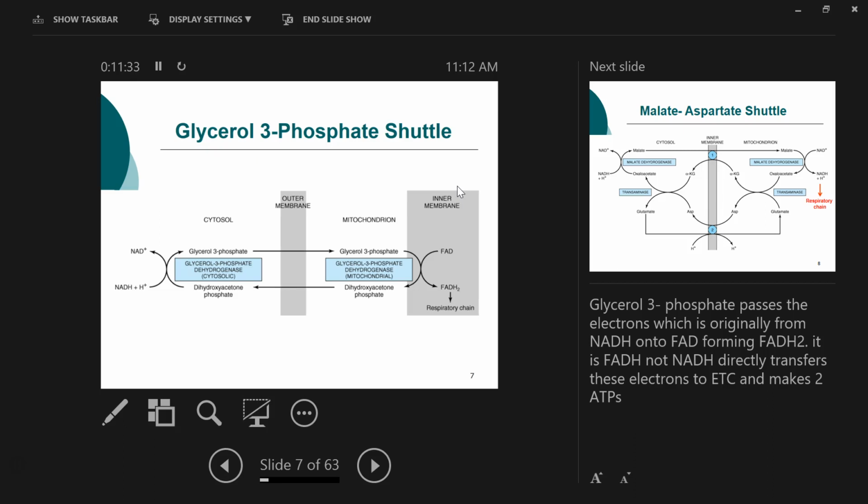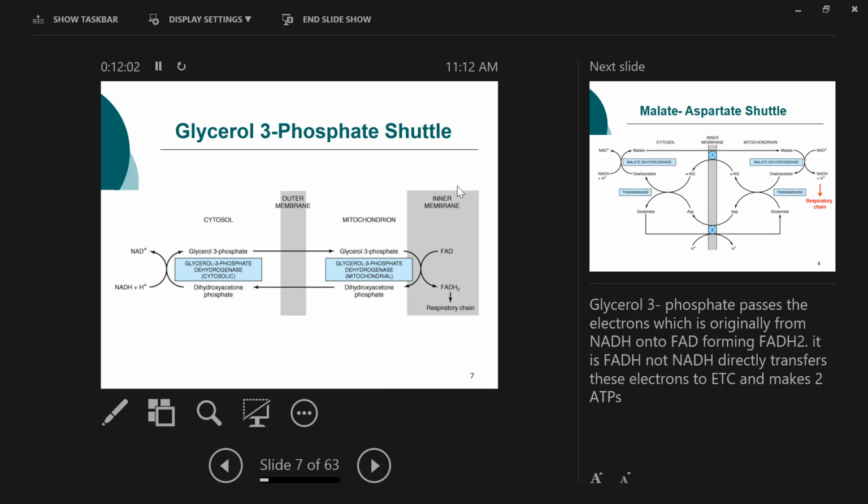Again, it depends on the shuttle system that transports the NADH from the cytosol into the mitochondria. Remember this concept. So here I just wanted to tell you about the 2 shuttle systems that help transport NADH from the cytosol into the mitochondria.